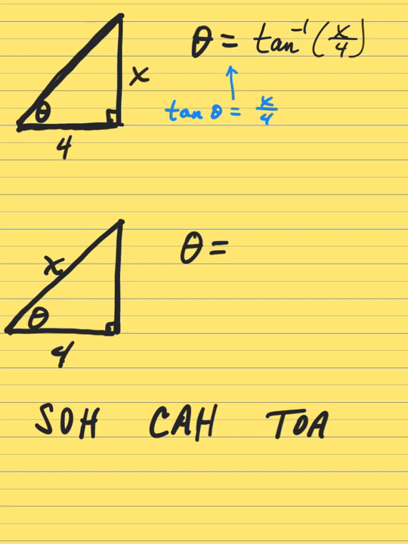In the second example, where theta is marked, 4 is adjacent, x is hypotenuse. Which one uses adjacent and hypotenuse? That's right, cosine. Cosine of the angle given is 4 over x, adjacent over hypotenuse.